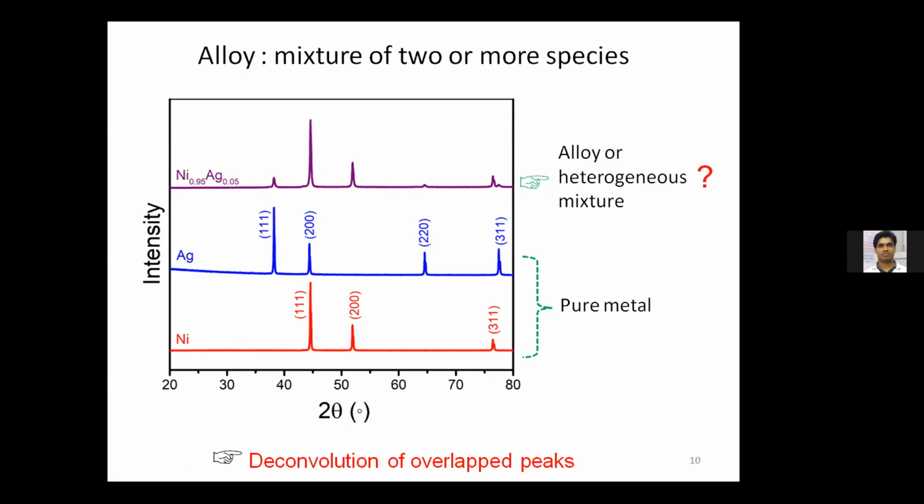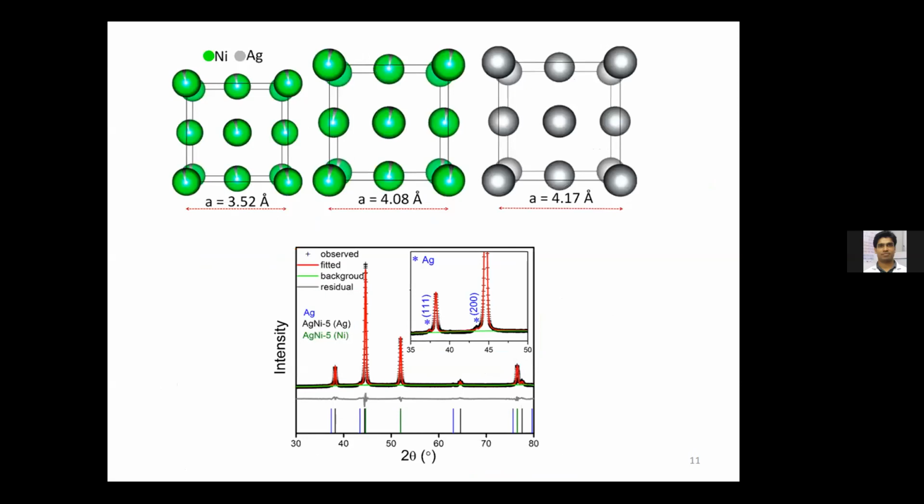After Rietveld refinement, we found there is no heterogeneous phase; there is a complete alloy phase. For a glimpse, we found two different alloy phases: one with a nickel-type crystal structure and one with a silver-type crystal structure, in terms of the volume of the unit cell.